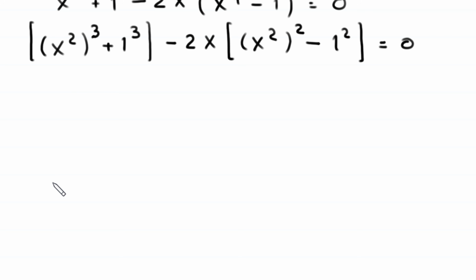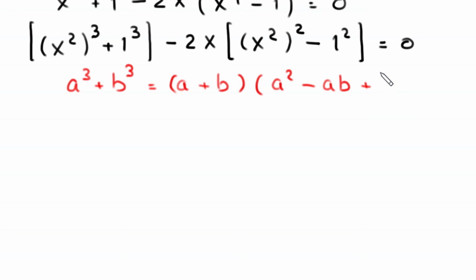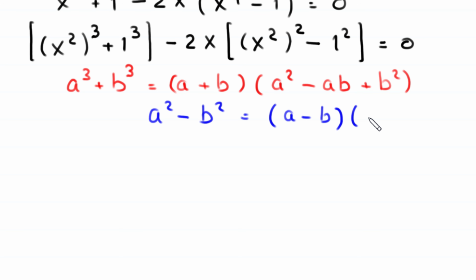Now to factor this expression, we use this identity: a cubed plus b cubed equals (a plus b) times (a squared minus ab plus b squared). And to factor this expression, we use this algebraic identity: a squared minus b squared equals (a minus b) times (a plus b).